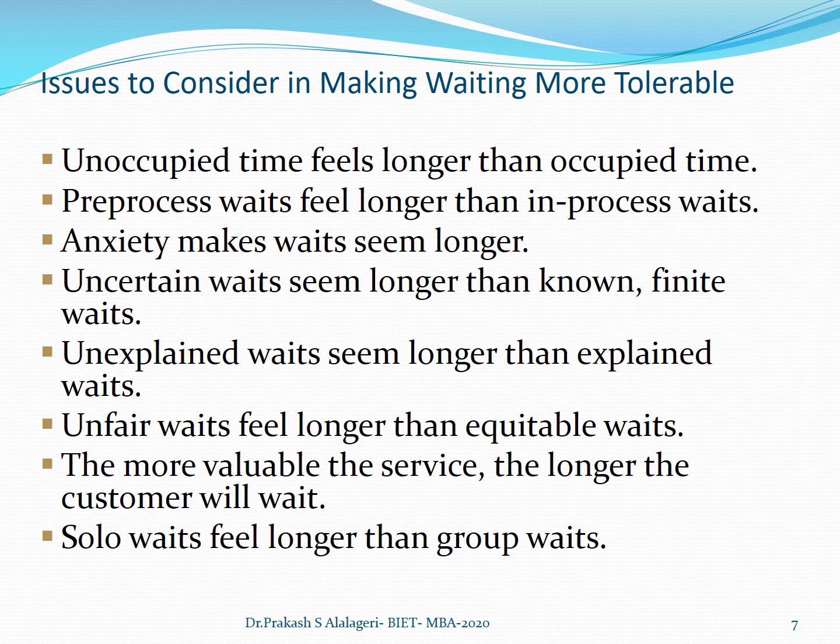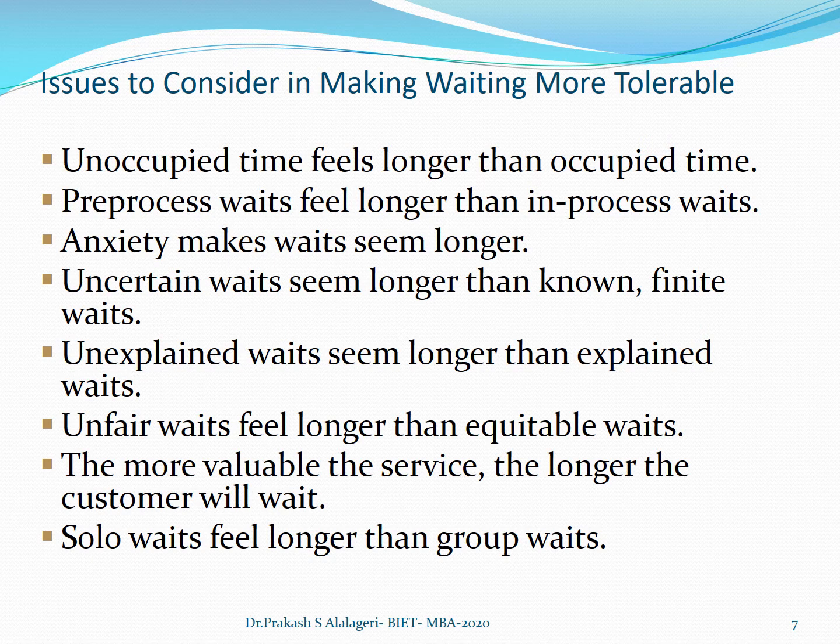Anxiety makes waits seem longer. When customers fear that they have been forgotten, or do not know how long they will have to wait, they become anxious, and this anxiety can increase the negative impact of the waiting. Anxiety also results when customers are forced to choose among multiple lanes and they discover that they have chosen the wrong line.